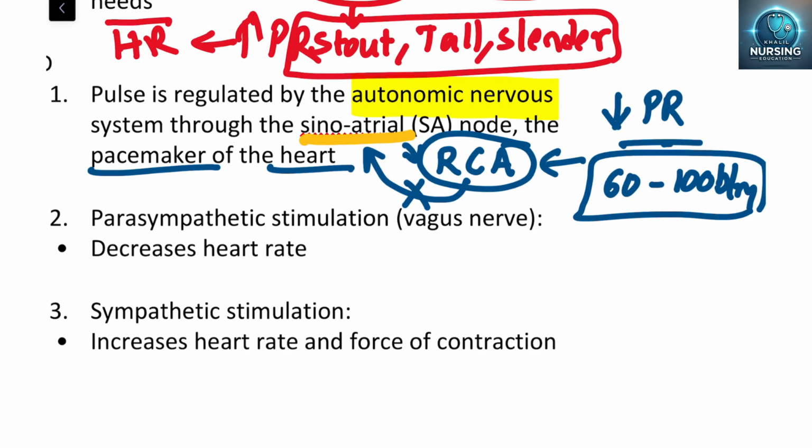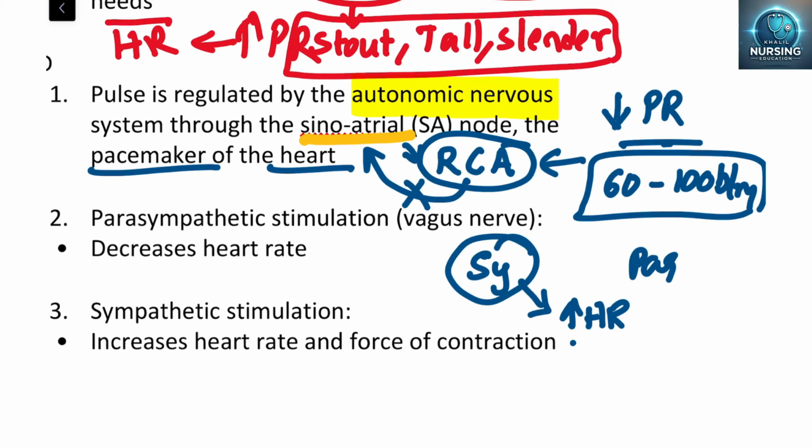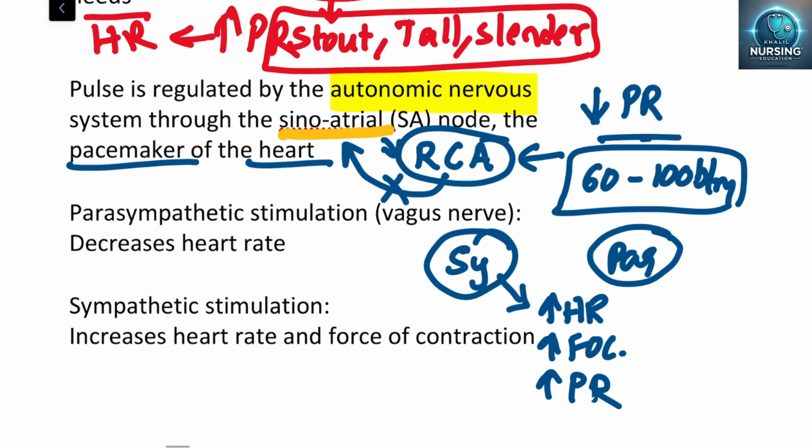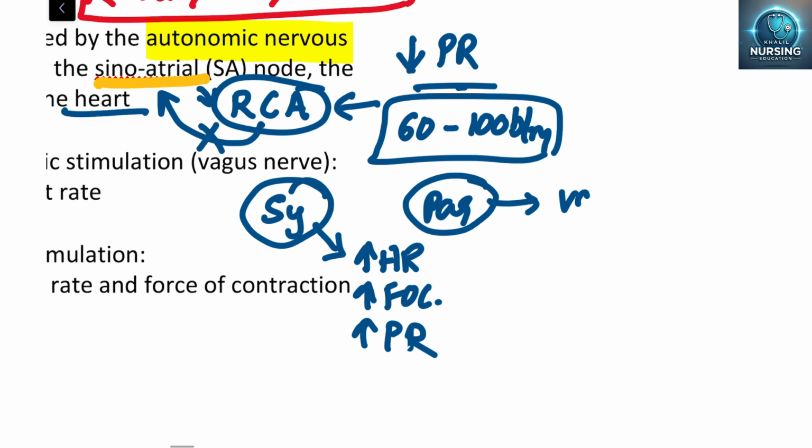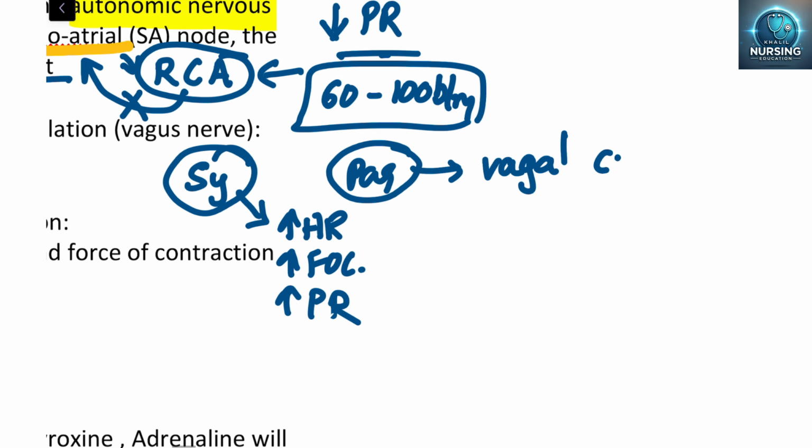Next, parasympathetic stimulation. There are sympathetic and also parasympathetic. What does the sympathetic do? It increases the heart rate and the force of contraction, so it increases the pulse rate itself. Parasympathetic is due to vagal stimulation, that is the 10th cranial nerve.